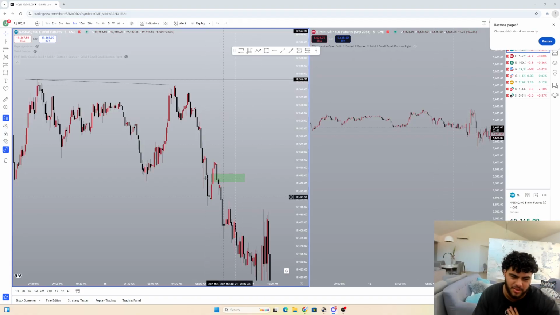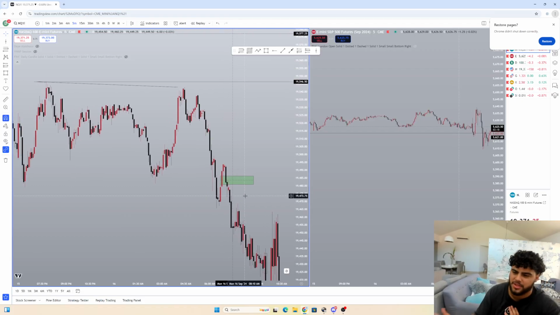But yes, in this scenario, if you want to go short and we get a retracement into the inverse fair value gap, it's a good place to look for shorts. I wouldn't refer to it as a place to use for retracements. That's what a PD array is. A PD array is a point of interest for an entry, or at least that's how I view it. Fair value gaps, inverse gaps, order blocks, breakers, those are places where you look for entries or look for reversals or continuations.